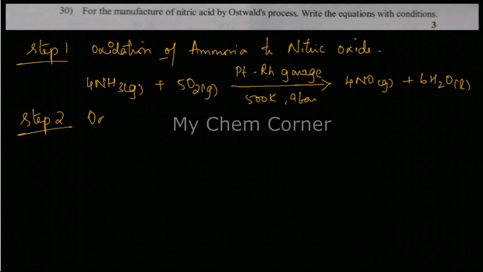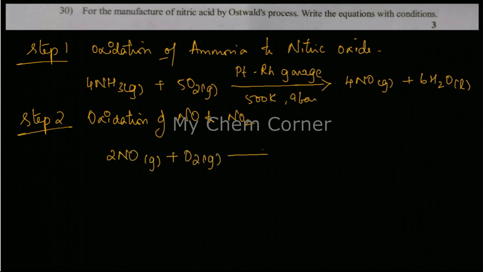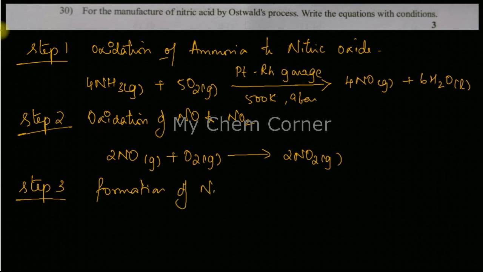Then step 2 is oxidation of NO to NO2. So here we can write 2 NO, which is in the gaseous form, plus O2, which is in the gaseous form, will give 2 NO2, which is again in the gaseous form. And the last step, step 3, will be formation of nitric acid.